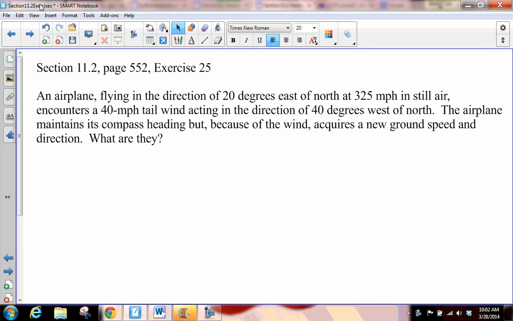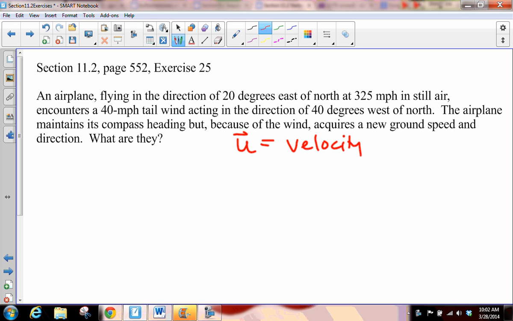What are they? Well, I'm going to start by letting u be the velocity of the airplane all by itself. And I'm going to let v be the velocity of the tailwind.